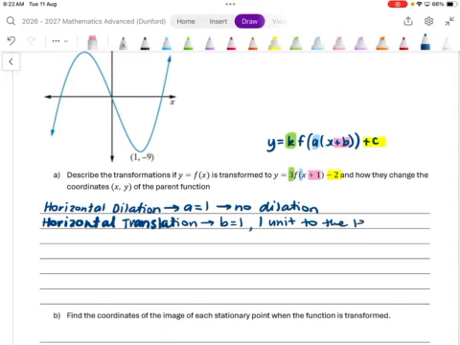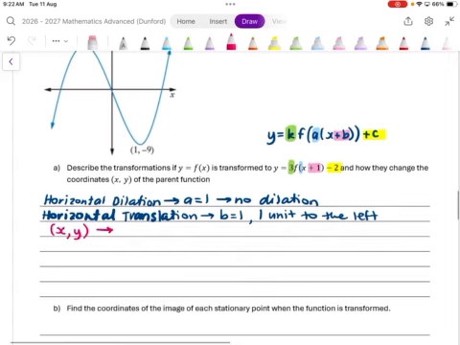Because it's positive, it goes to the left. So if we look at our coordinates x, y, what that does, our horizontal translation, it is going to change it. So we'll have x minus 1, because we're moving to the left, we have to minus 1, the opposite of what b is. And then we'll have our y still, because we haven't affected our y just yet.